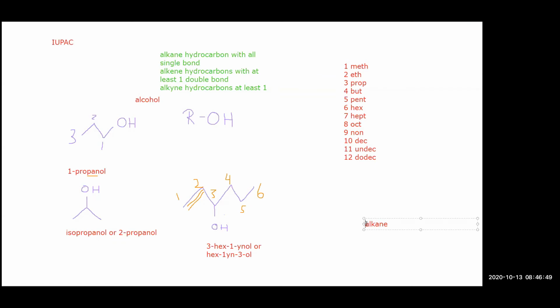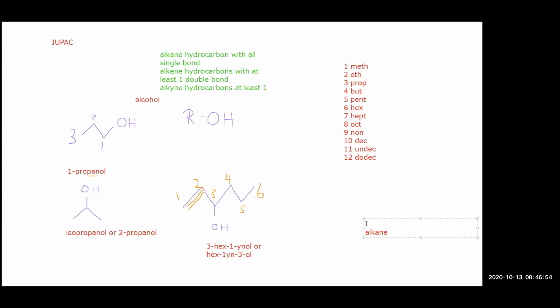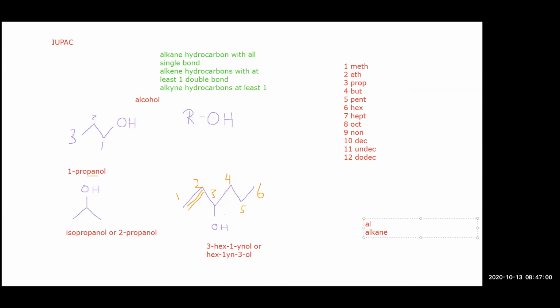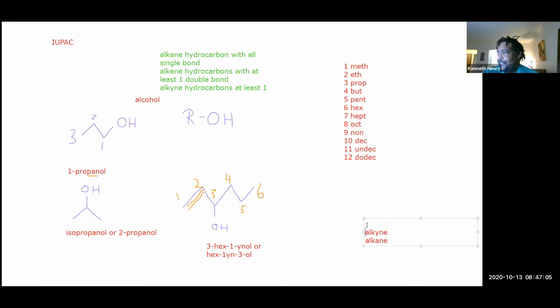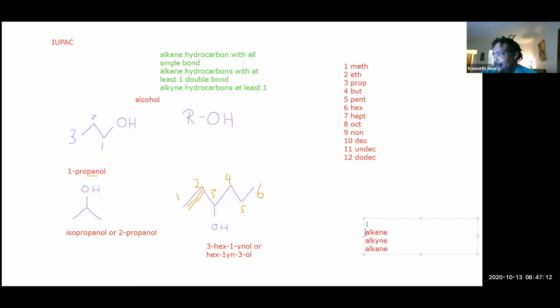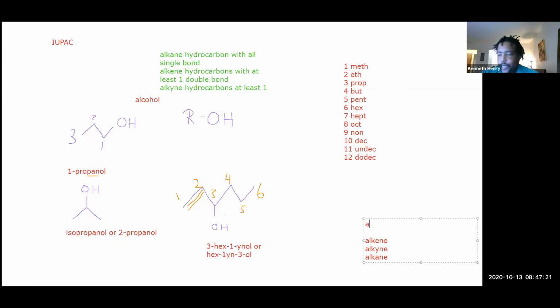Good job. Then who's next? The triple bond. That's right, the alkyne. And then who's next? The double bond, the alkene. Okay, so then alcohol comes before them. And actually, let me do this. I know that there are going to be a few more between that.